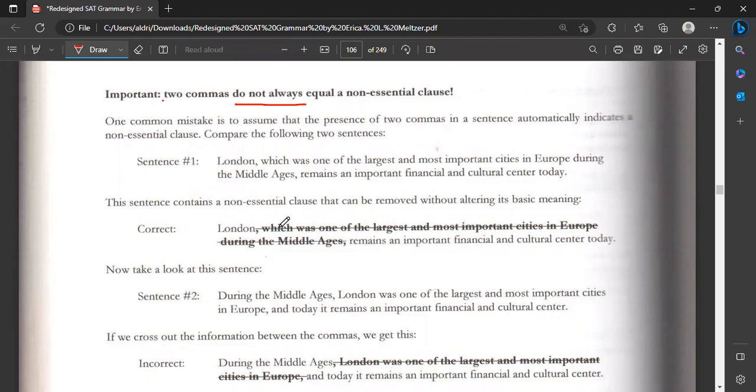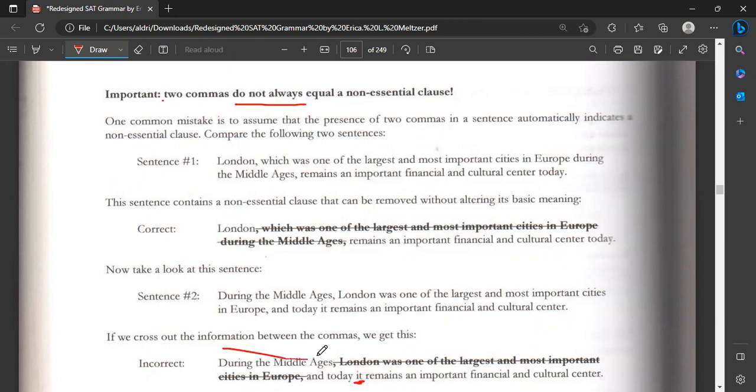It leaves the second part really dependent. Okay, today it remains an important financial and cultural center. Yes, that part is dependent on something that we don't have if we cross it out, because it remains. What remains an important financial and cultural center?